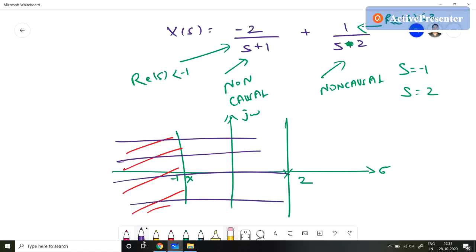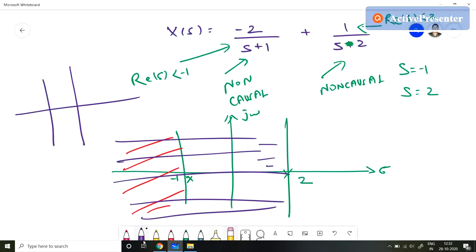Basically the overlapping region, the common ROC, is real part of s less than minus 1, meaning left of the leftmost pole.